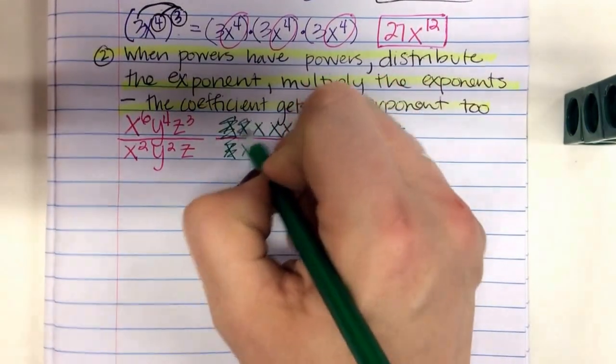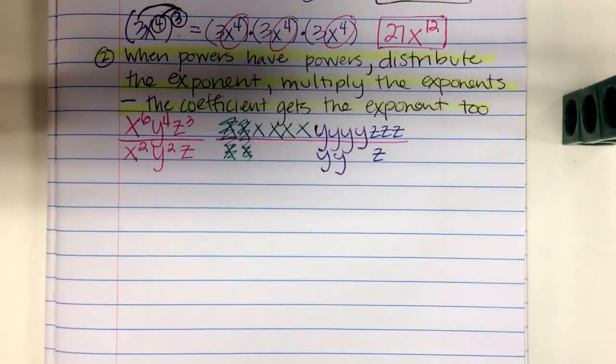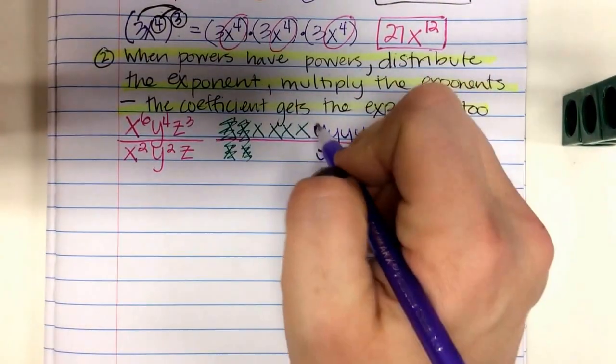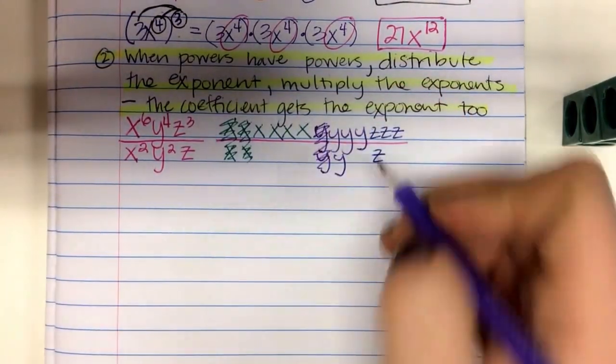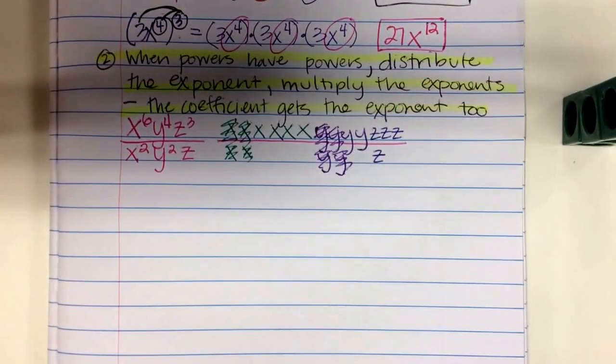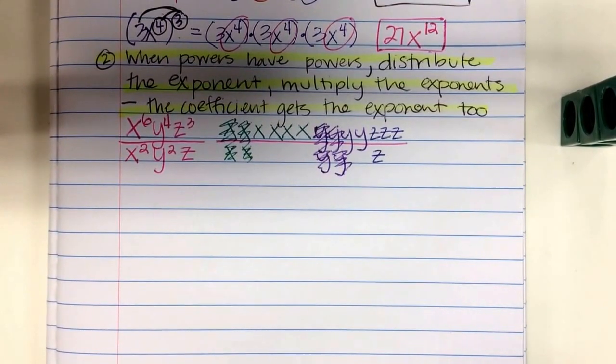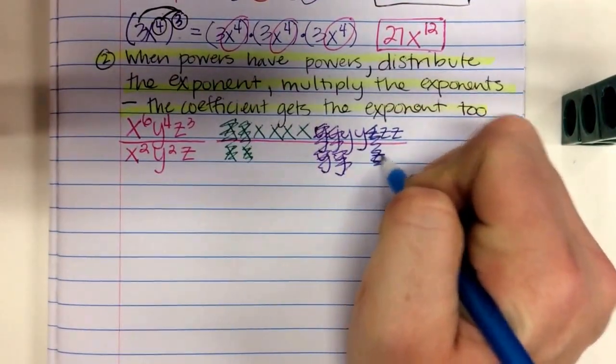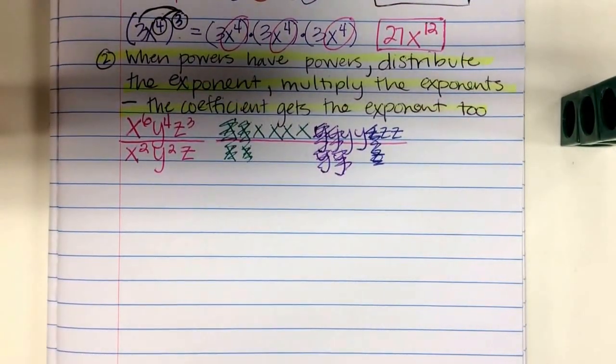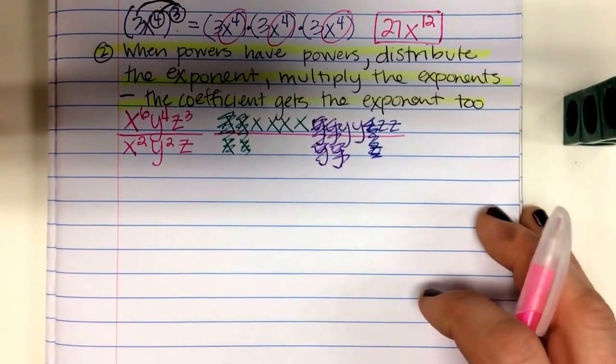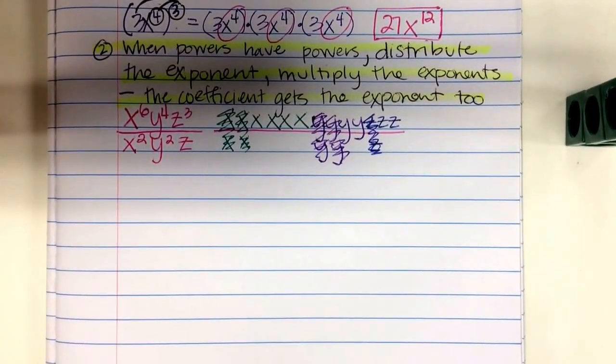Another X and X. This set of Y's cancel out, and these Y's cancel out. And a pair of Z's cancel out. Anything else? All right, so what's my answer?